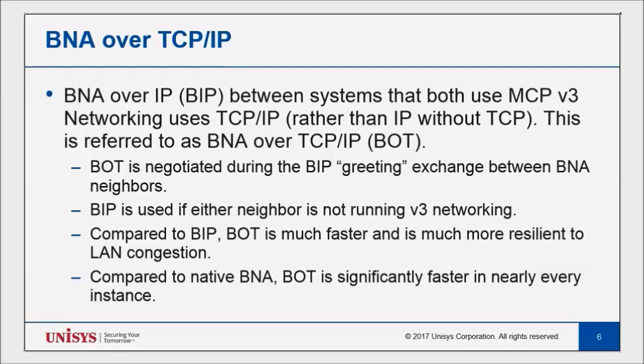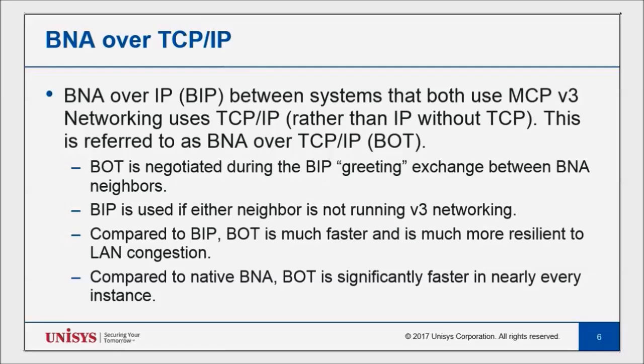And at the receiving end, the NIC card will put segments together, and then the IOP will combine those chunks, and so the chunks of data coming in will be very large also. And so that makes BOT much faster than BIP.